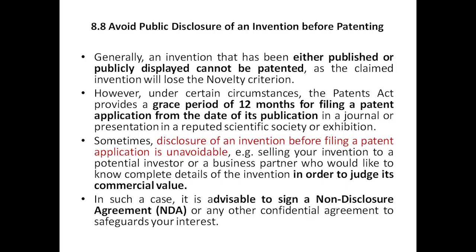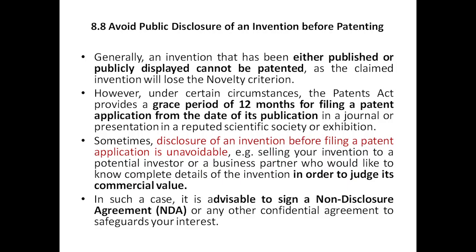At this time, selling your invention to a potential investor or a business partner can be made possible with the complete details of your invention in order to judge its commercial value, because they have to fix the money, right? Capital is involved. For that, they should know the entire concept of your invention. You can give it to them before filing the patent, but make sure it is addressed properly.